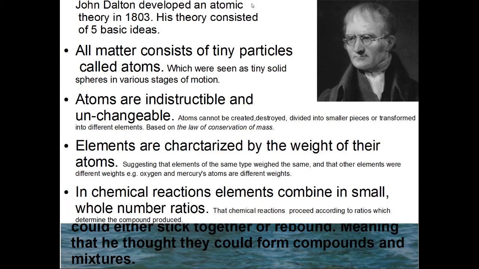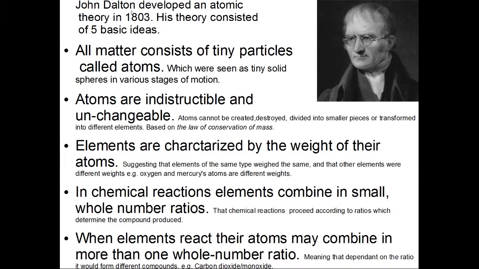So next one is the early 1800s, I think that's right. In 1803, John Dalton developed an atomic theory about it. He had five basic rules.